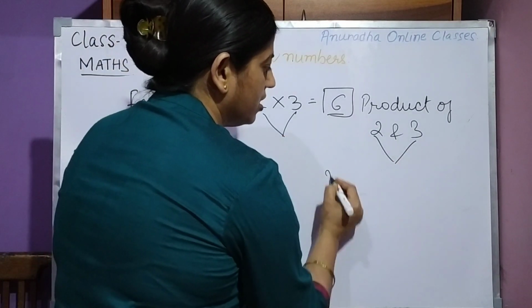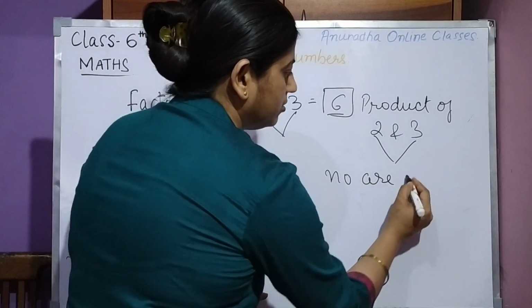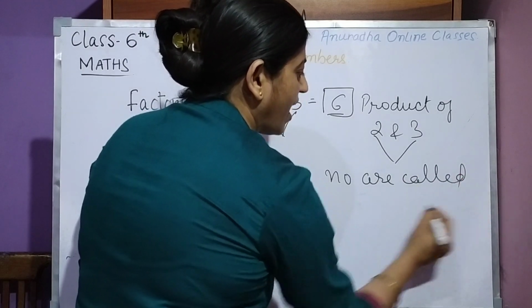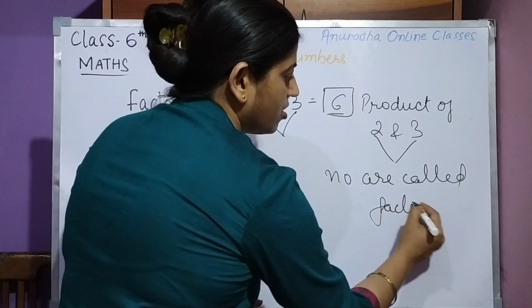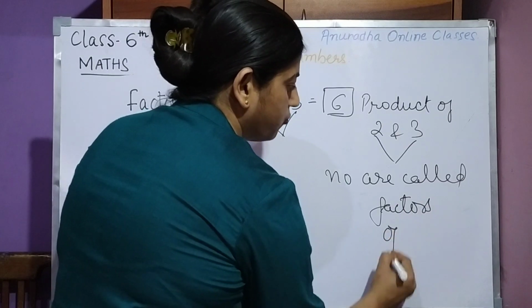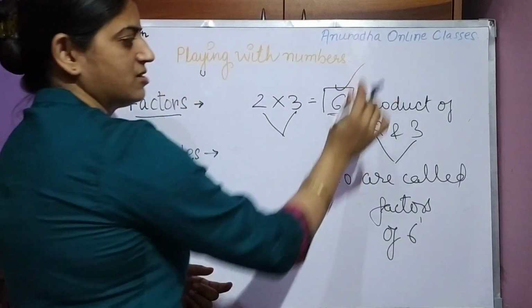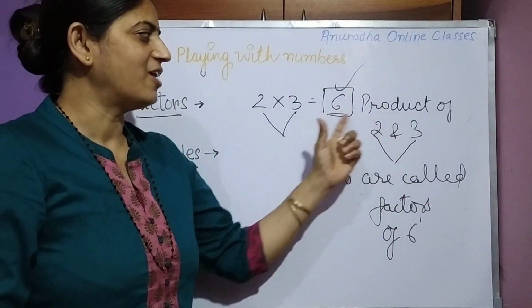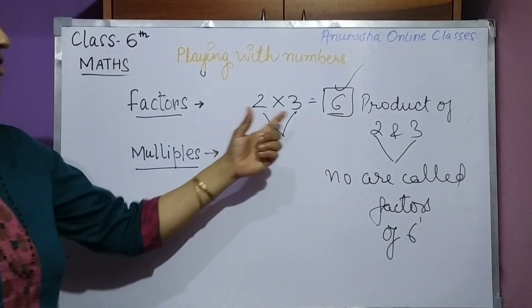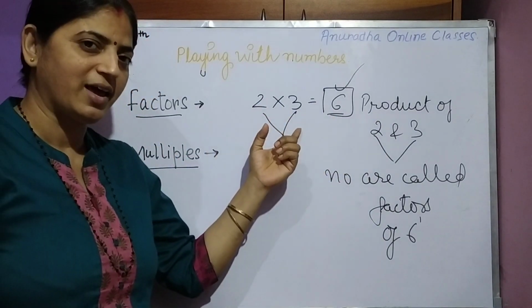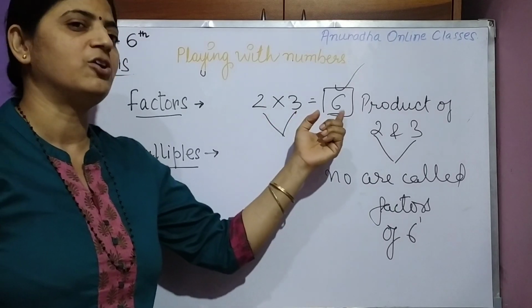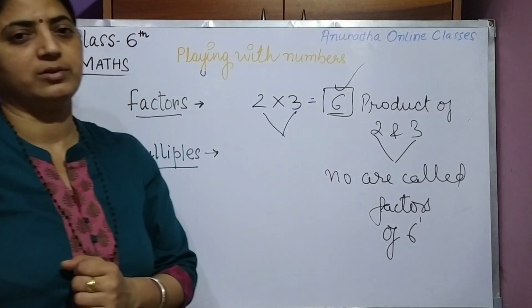These two numbers are called factors. Factors of what? Of 6. 2 and 3 are factors of 6, means the two numbers with which we are multiplying are the factors of the product of that number.